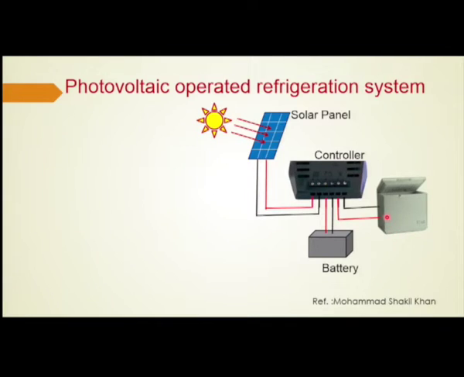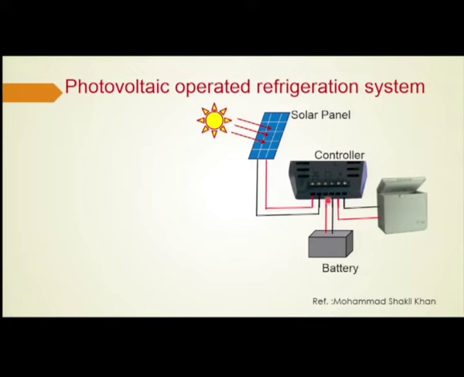If it is not cloudy on subsequent days and it is always sunny, then only at night time do we use the battery. In that case, we can use a lower capacity battery. And the equipment inside the refrigerator, the compressors and other electrical equipment, is controlled by the controller.